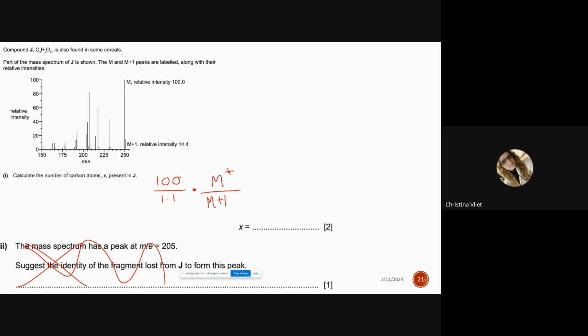They have given you the M plus peak of 100, and the M plus 1 peak is 14.4. From this information, you've got enough to get the carbon atoms. Do 100 divided by 1.1, multiplied by, and it's actually the opposite: M plus 1 over M plus.